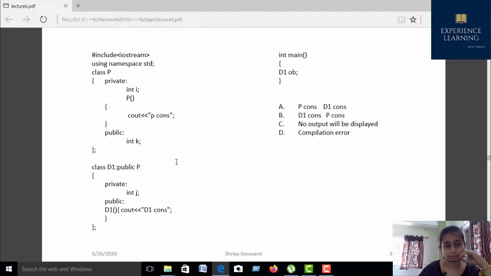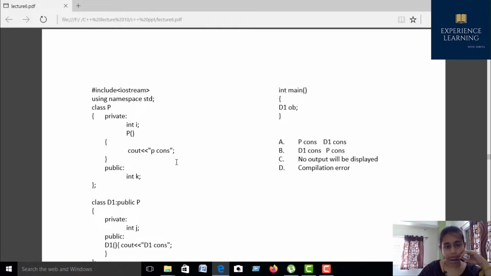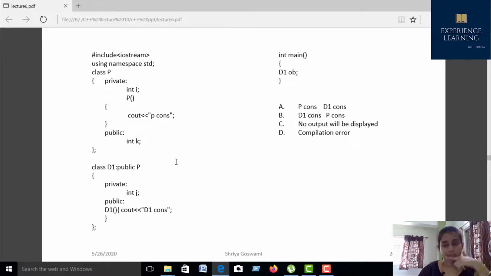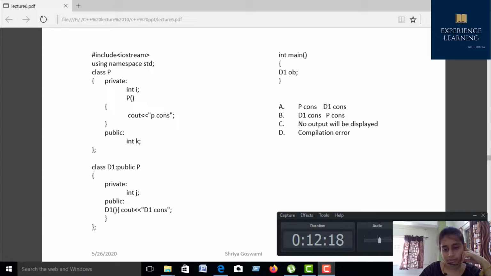See this part. What will be the answer? Of course, I think you can understand. First the P constructor will be called, then the constructor of D will be.